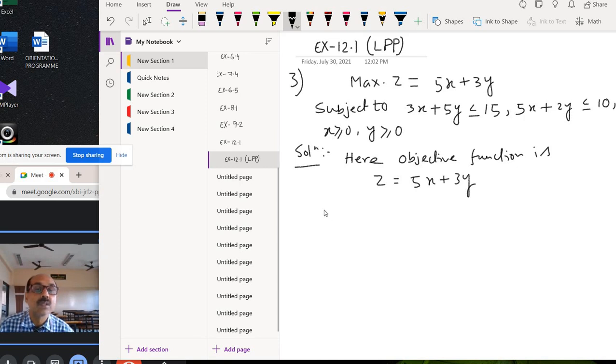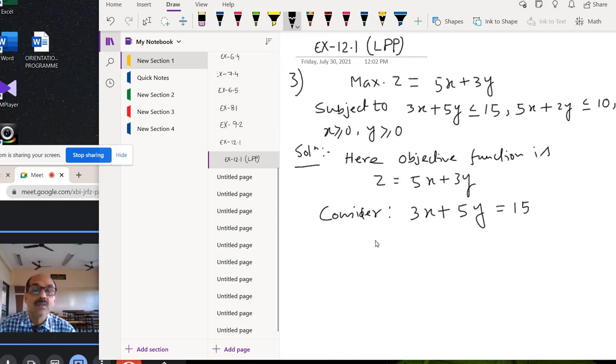Now consider the first inequation, 3x + 5y ≤ 15. So write 3x + 5y = 15, considering the equal sign.